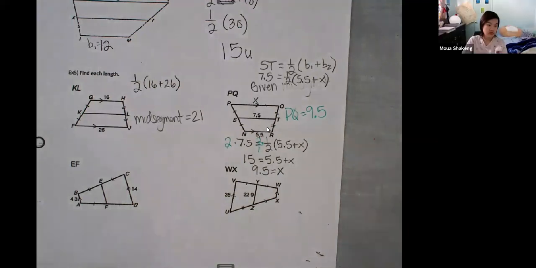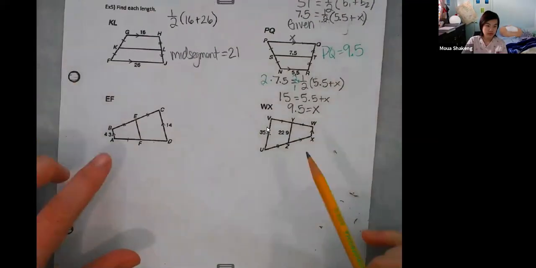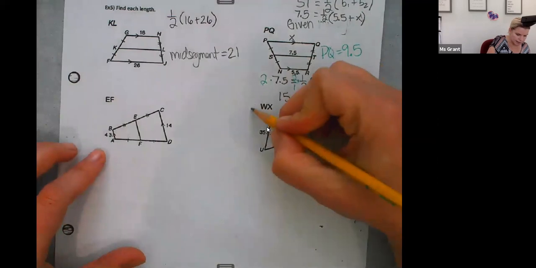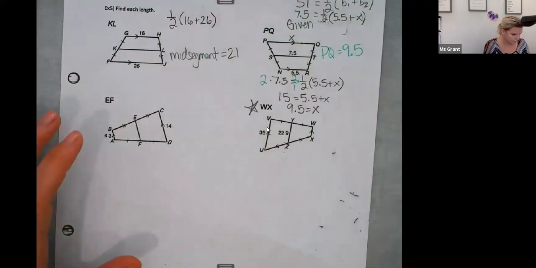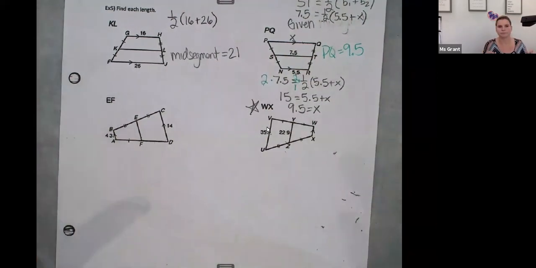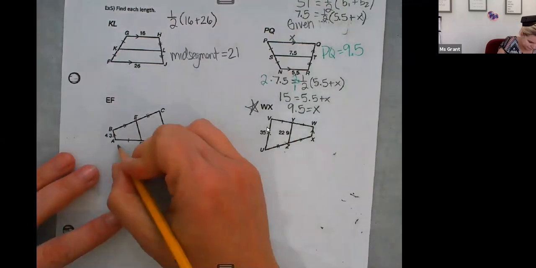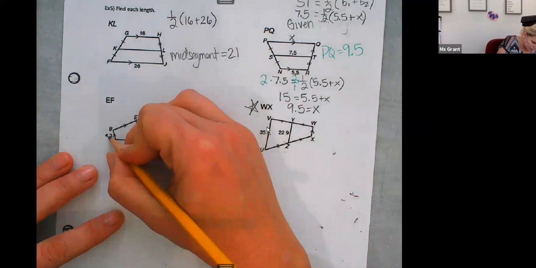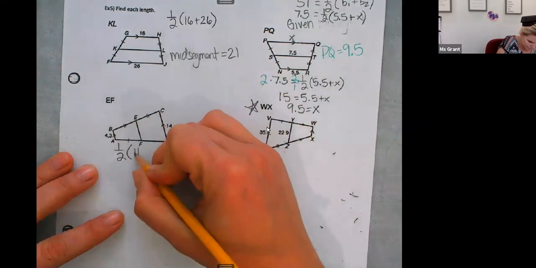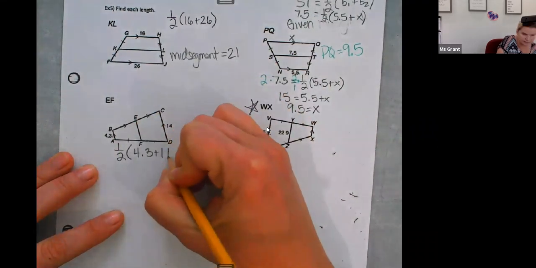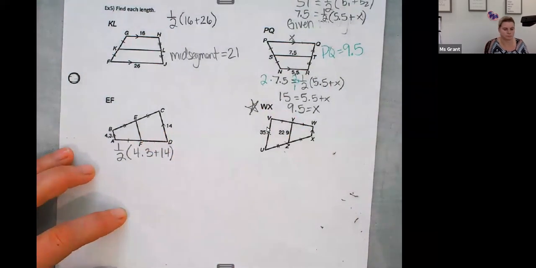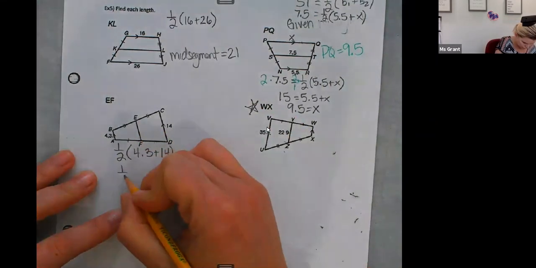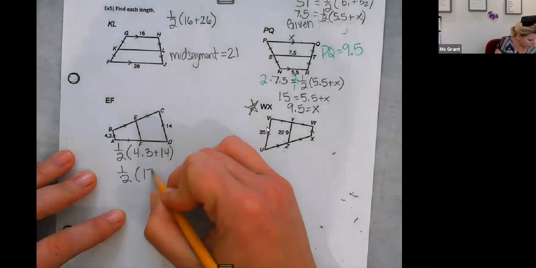Yes, thank you. Okay. We're going to do it again down here, WX, so you can really get good practice on WX. EF. Okay, 1/2 of 4.3 plus 14. Sorry guys, it's still a decimal. 17.3.